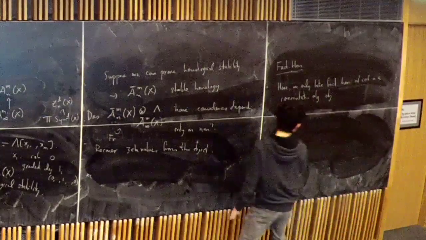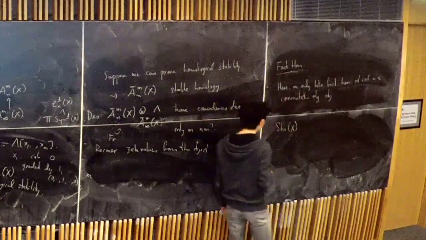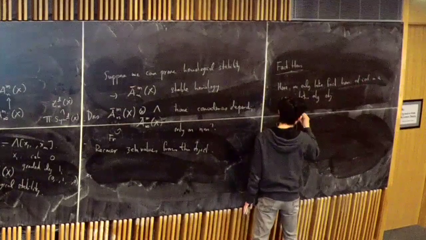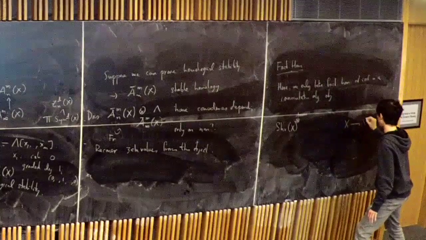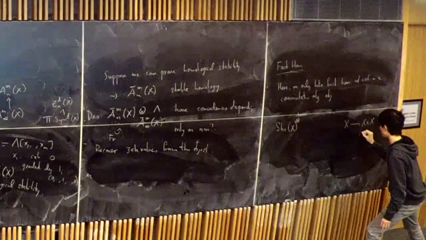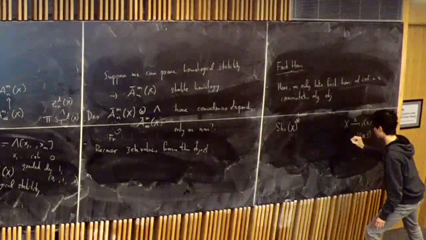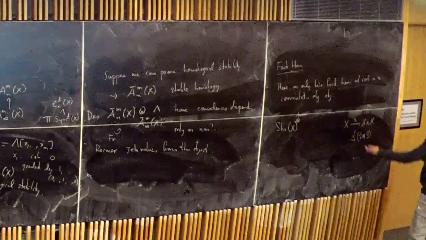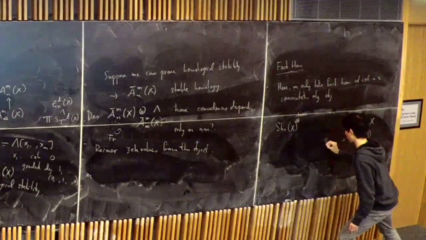So let me introduce some notation. Again, Shv(X) is the category of analytic sheaves on X. It has a monoidal structure given by this strict tensor. One way to define it is that suppose I have two sheaves on X, F and G. You can box tensor them and do restriction along the diagonal, but the restriction that I'm taking is the strict, the exceptional pullback instead of the usual pullback.